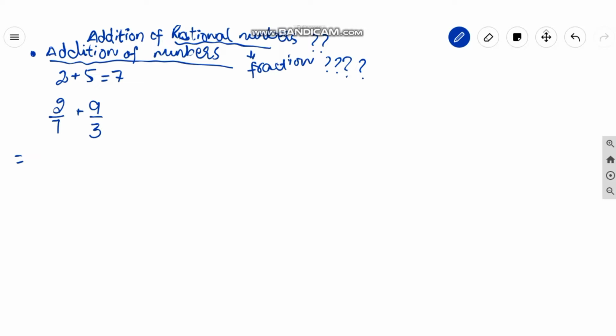The most common mistake that students make is that they simply add the numerators and add the denominators, but it is wrong.